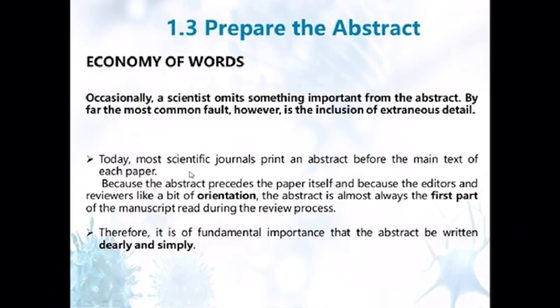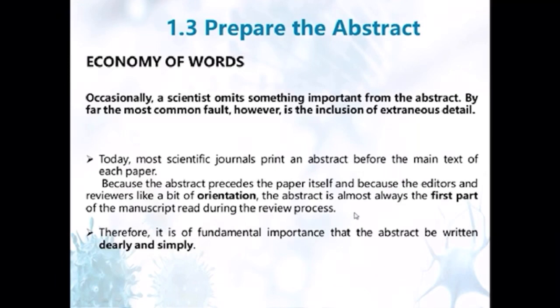Today, most scientific journals print an abstract before the main text of each paper. Because the abstract precedes the paper itself, and because the editors and reviewers like a bit of orientation, the abstract is almost always the first part of the manuscript read during the review process.